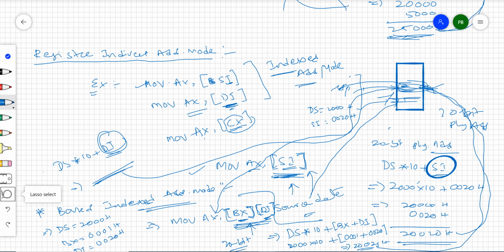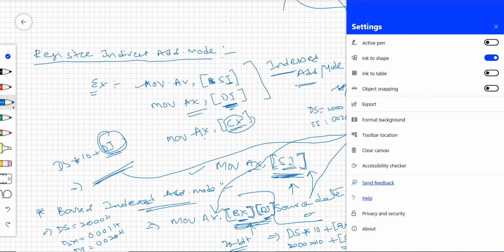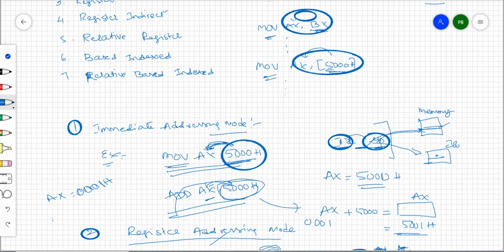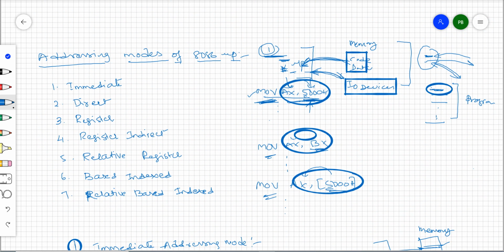See here, other addressing modes also: relative based index.